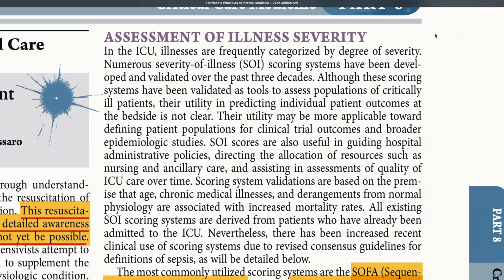There are a lot of scoring systems in the ICU, but Harrison emphasizes only two systems: the SOFA score and the APACHE score.